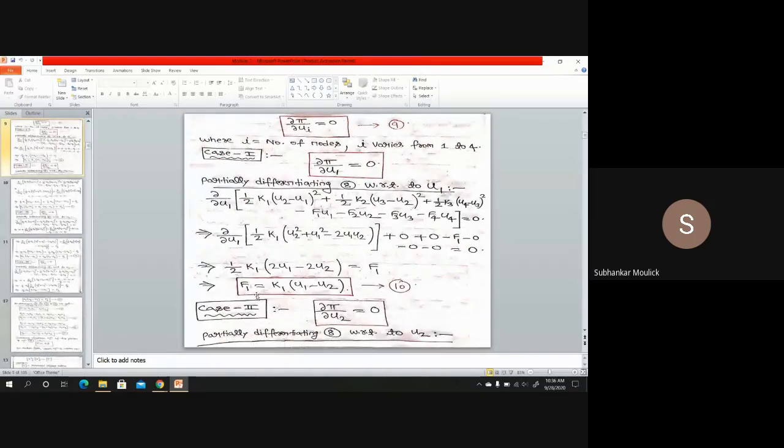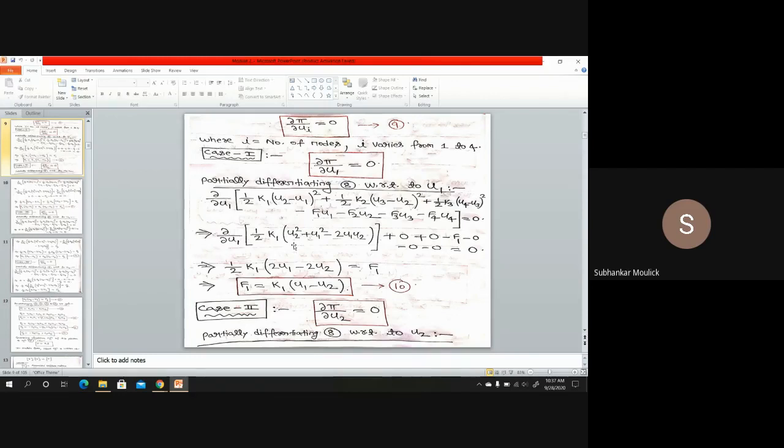If you remember, in the last class we were solving some problems related to the potential energy approach, that is how to get the stiffness matrix for a particular problem that we were discussing for the past few classes.